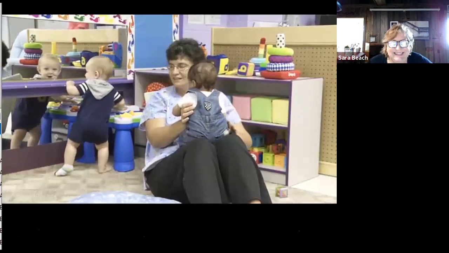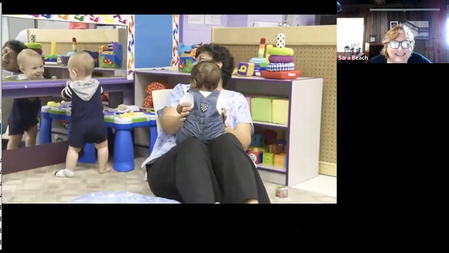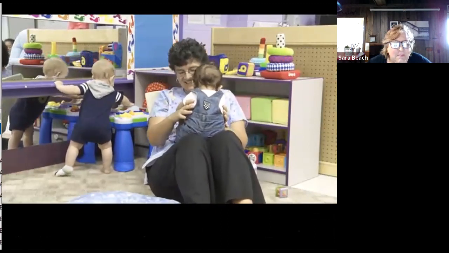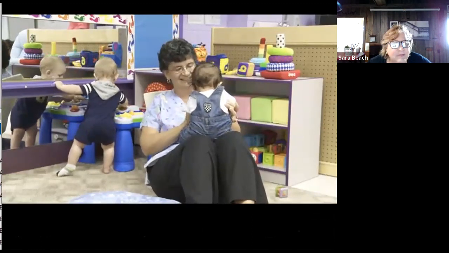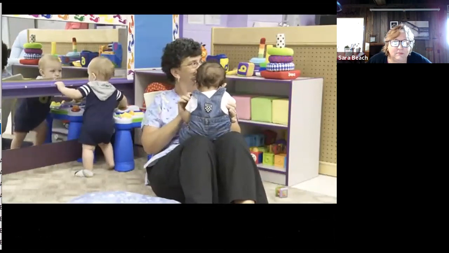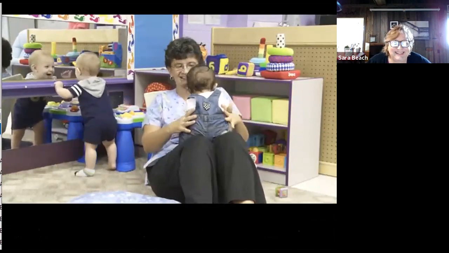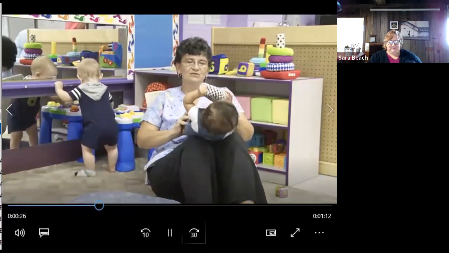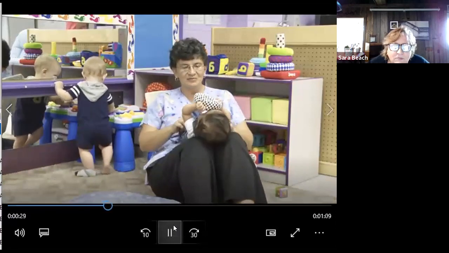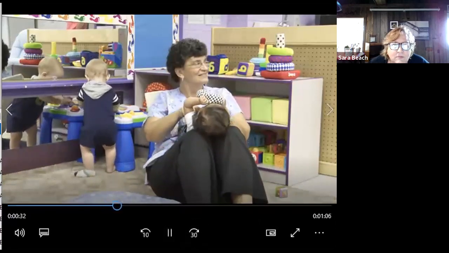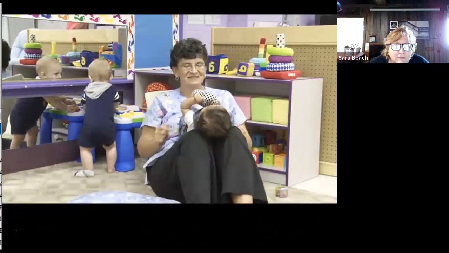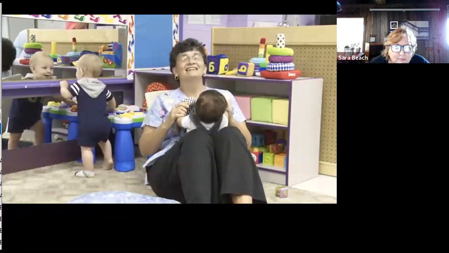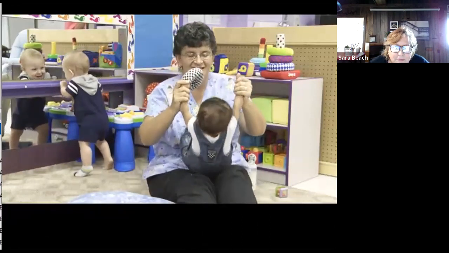What you doing? See Ryan laughing at himself. He thought that was funny. Oh, what? What do you see up there? Do you see the star?